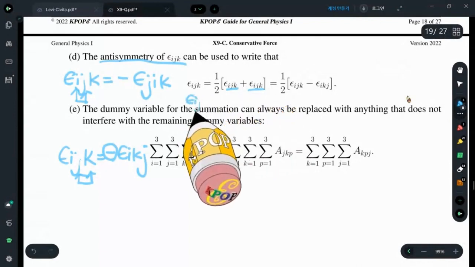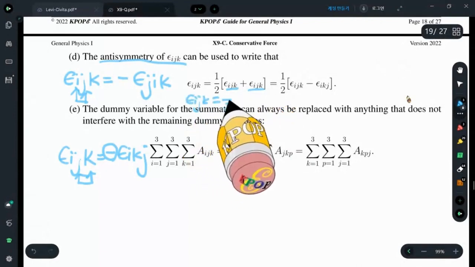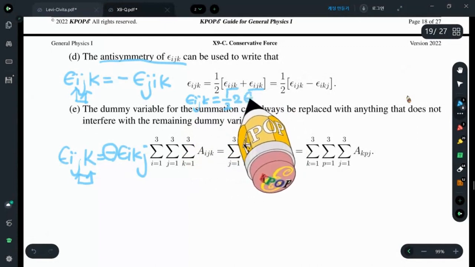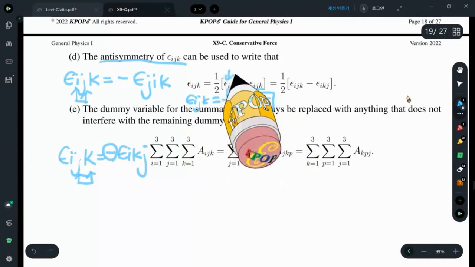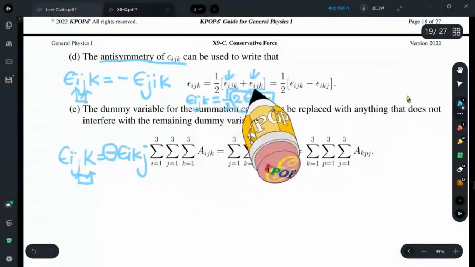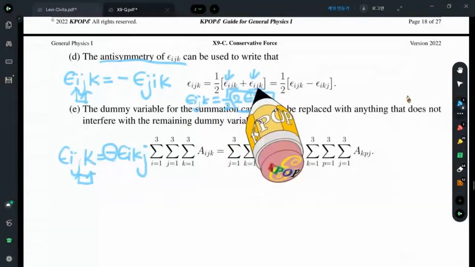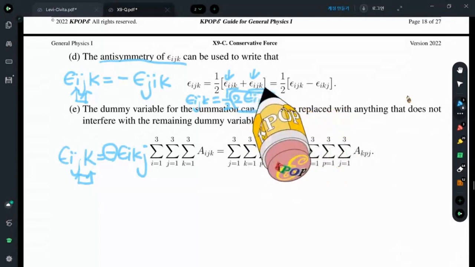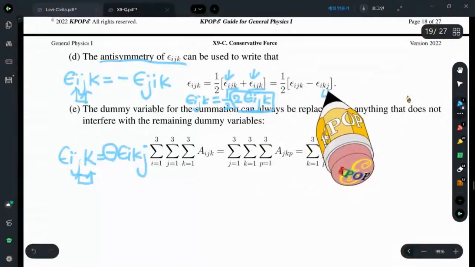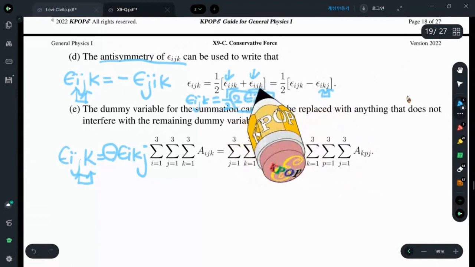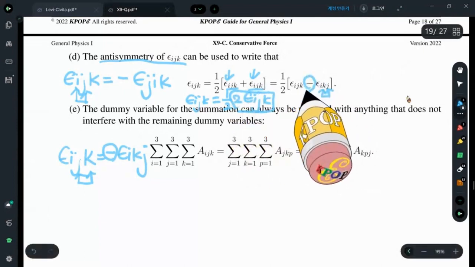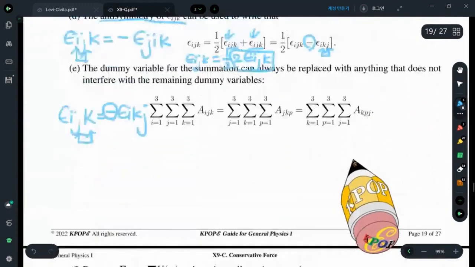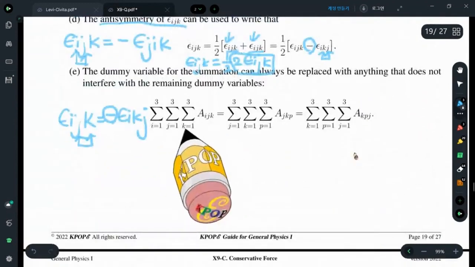So epsilon ijk equals 1/2 times 2 times epsilon ijk, and 2 times epsilon ijk is written in here. And then I can exchange j and k, so kj appeared. If I exchange these two, I can find the negative sign on it. This is a trivial example.